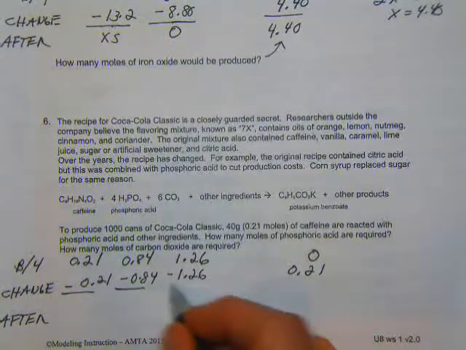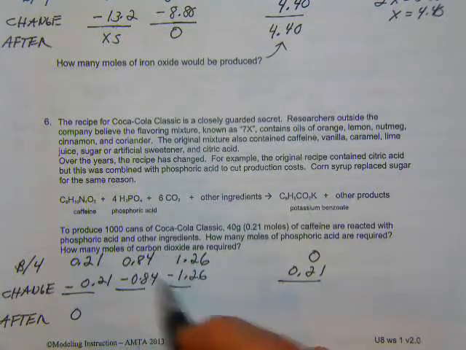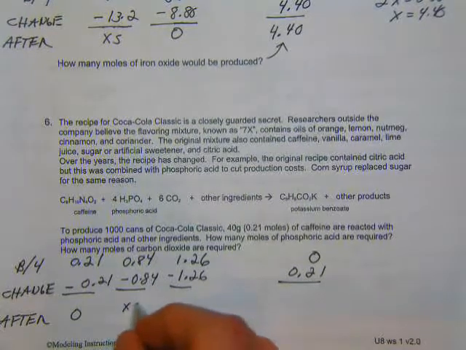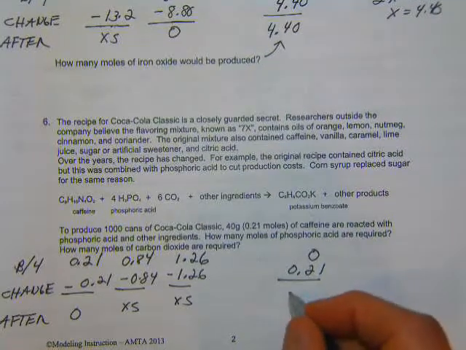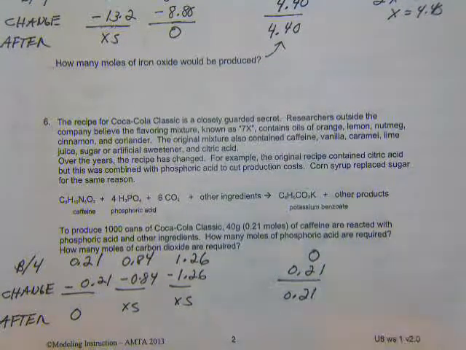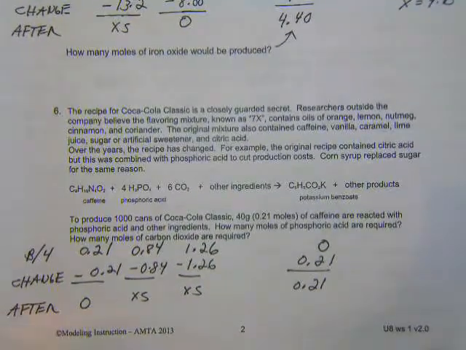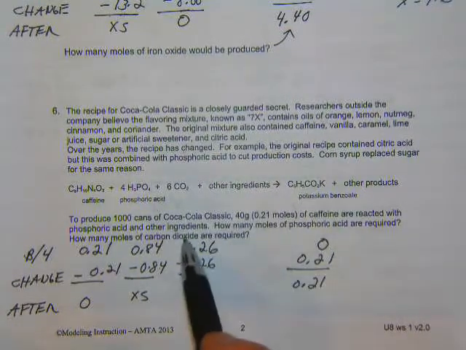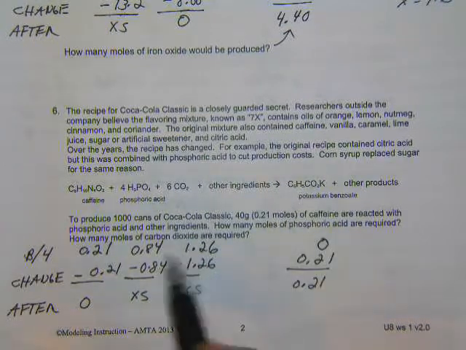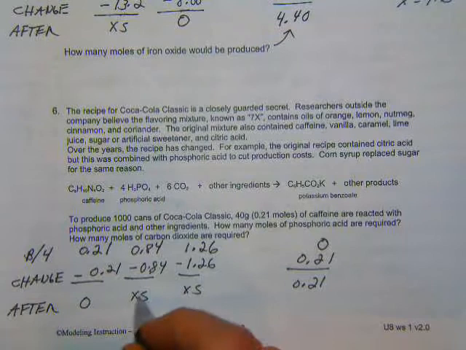So the after, this is all going to be gone. Looks like this stuff is going to be in excess. We're going to use that much, but it looks like we've got extra of this. And we're going to form 0.21 moles of the potassium benzoate. And we want, let's see, how many moles of phosphoric acid are required? Well, actually 0.84. How many moles of carbon dioxide are required? 1.26. So I guess I am mistaken here.